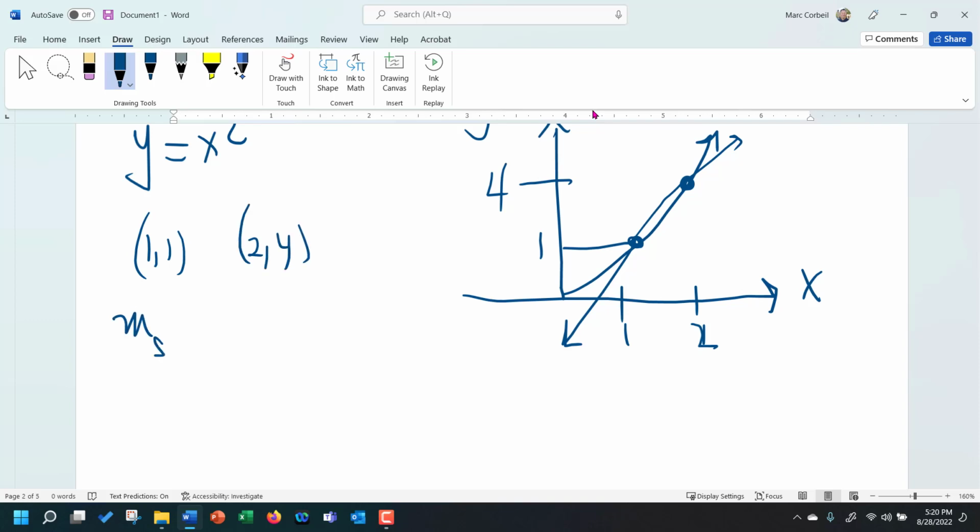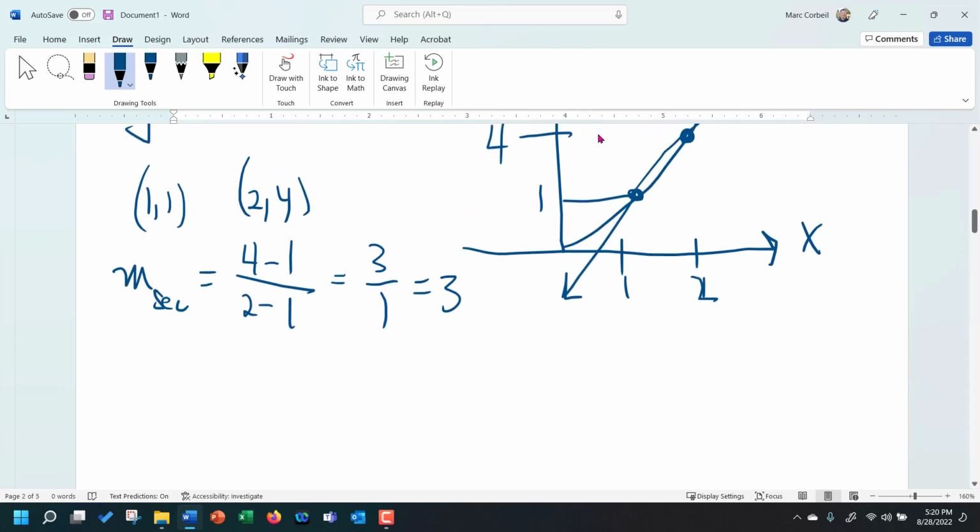So the slope of the secant line going through, in particular, these 2 points would be y2 minus y1 over x2 minus x1. 4 minus 1 would be 3 over 1, or 3. So this would be the expression of the slope in between 1 and 2. So we have an expression of that slope. And notice the slope is positive.